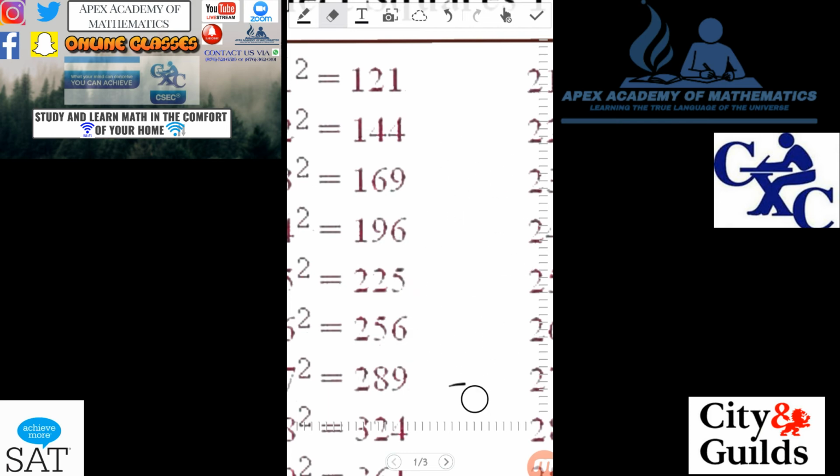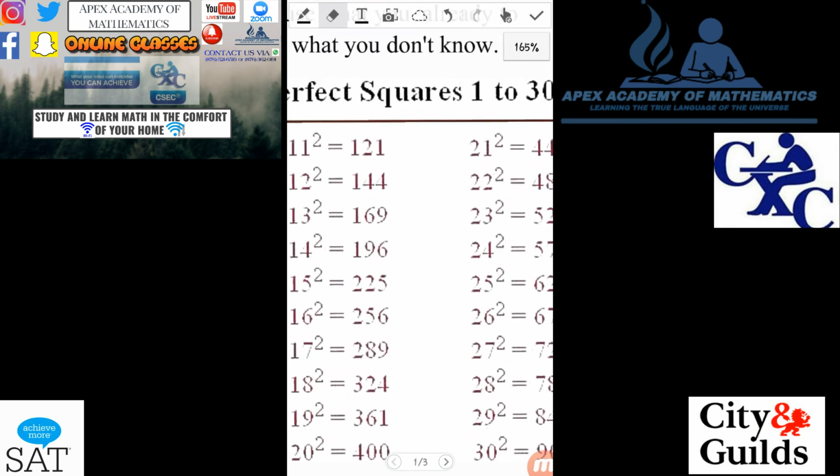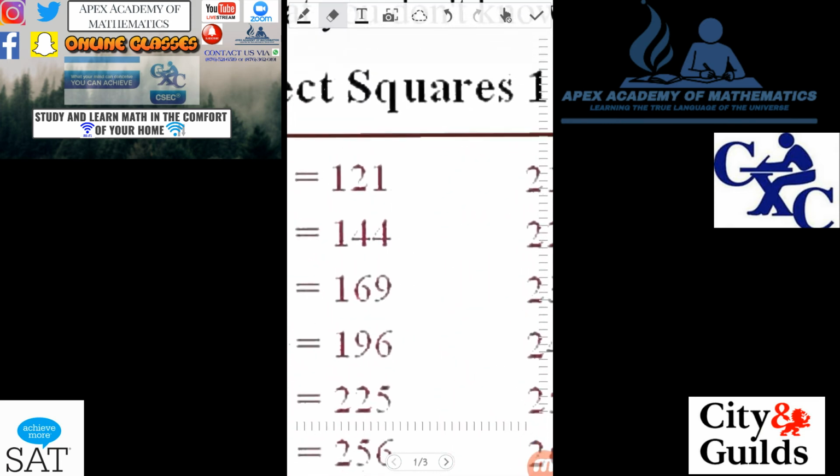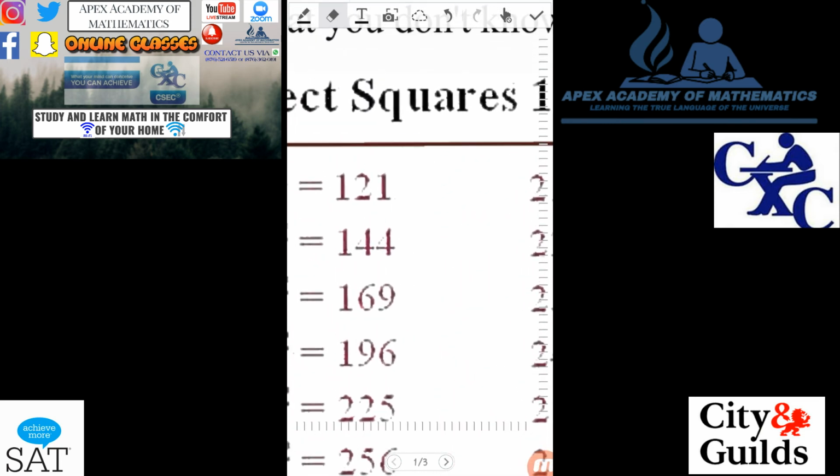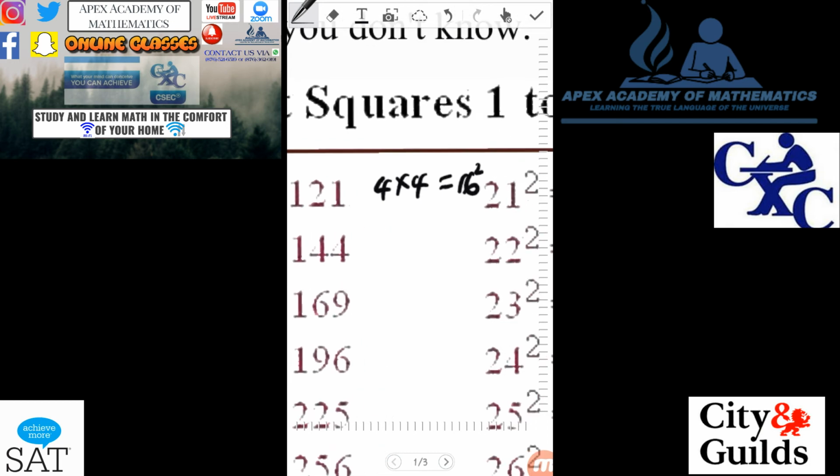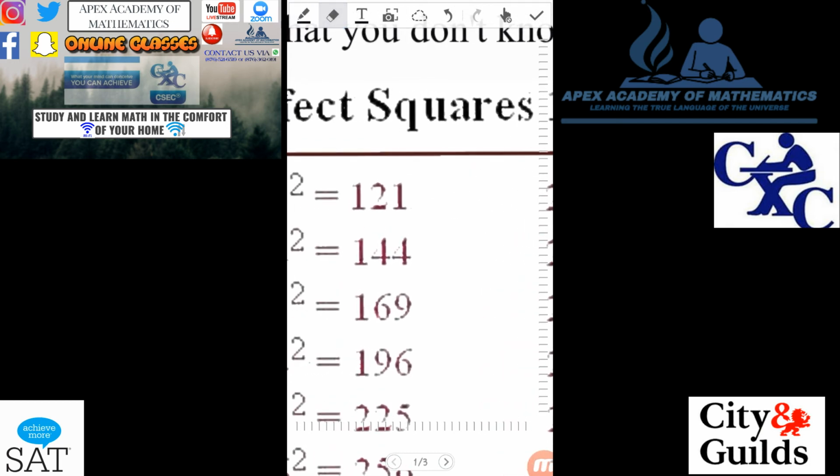Now 256 also has another way of expressing it. So if 4 times 4 is equal to 16, then we simply know that 16 squared is equal to 256. Let's just write that a little bit better for you.